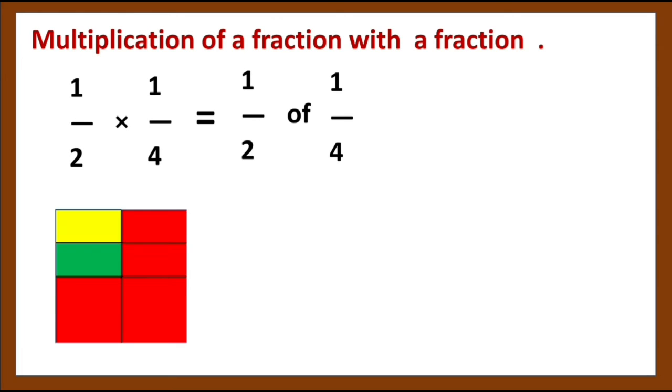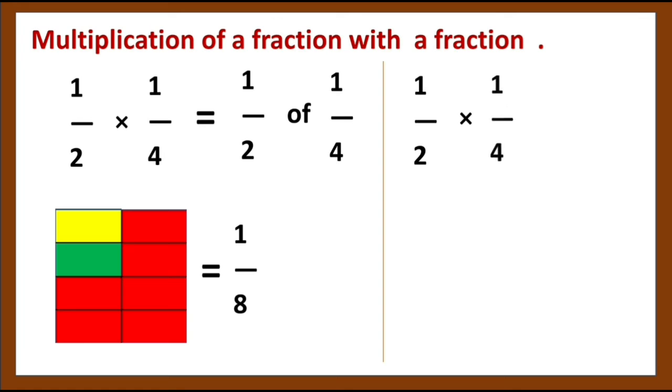This yellow colored area. To represent this as a fraction, I am dividing the whole square into equal pieces like the yellow colored ones. So total 8 pieces I am making. Now observe that the yellow colored area is 1 by 8. And 1 by 2 into 1 by 4 is nothing but multiply 1 with 1 and 2 with 4, which is equal to 1 by 8.